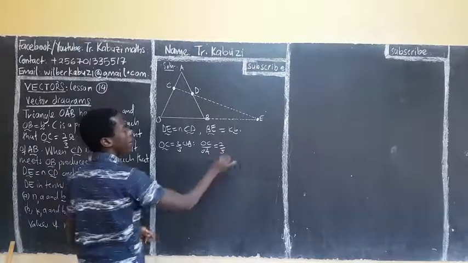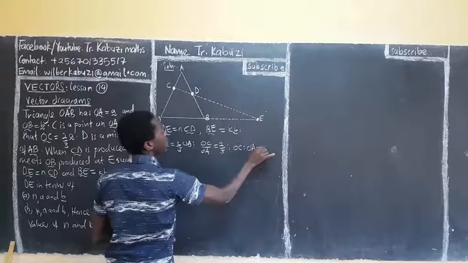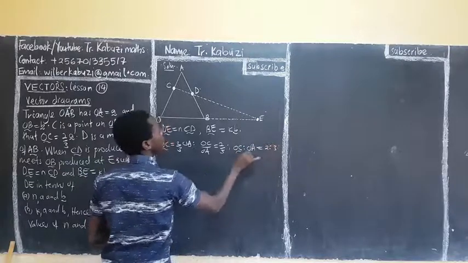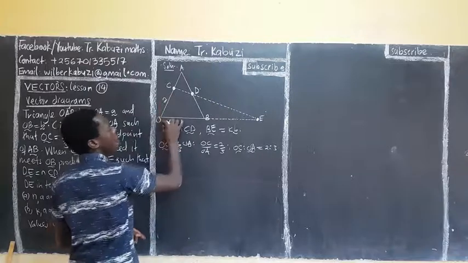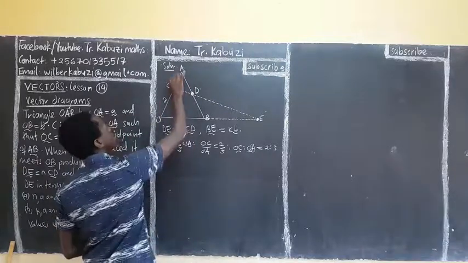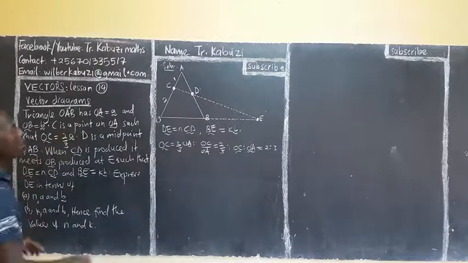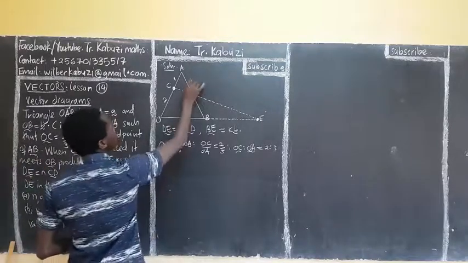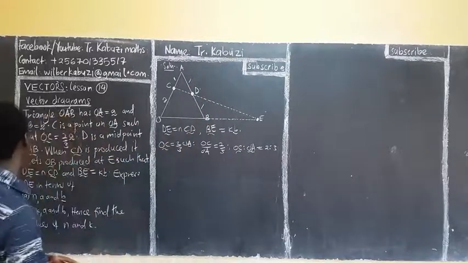It implies that OC to OA will be 2 to 3, so OC takes 2 and OA is 3, meaning this one is going to be 1. D is a middle point, so it divides this into two components. This is 1 and this is 1. That's what we mean by a middle point.